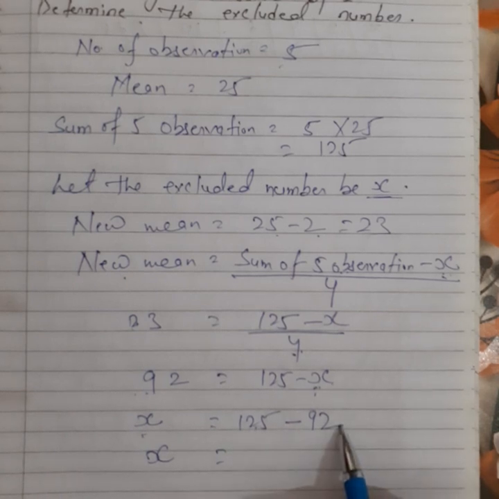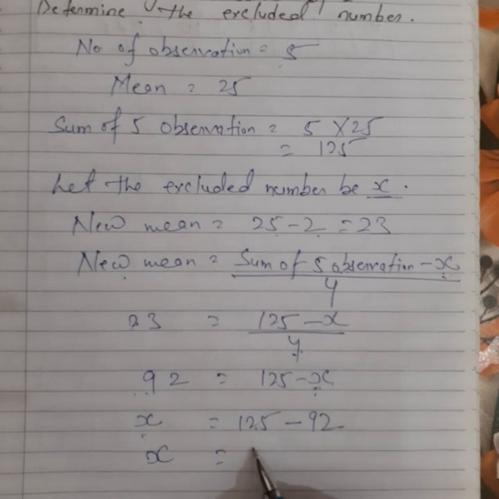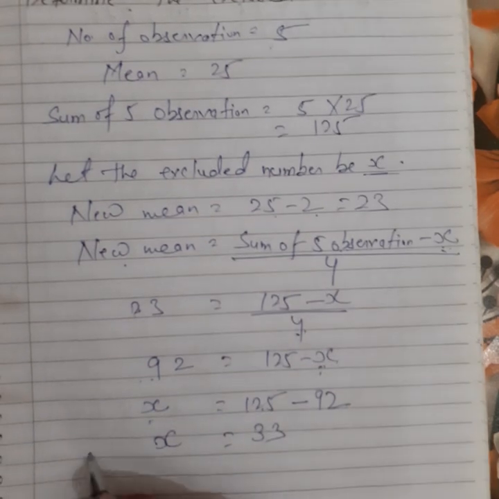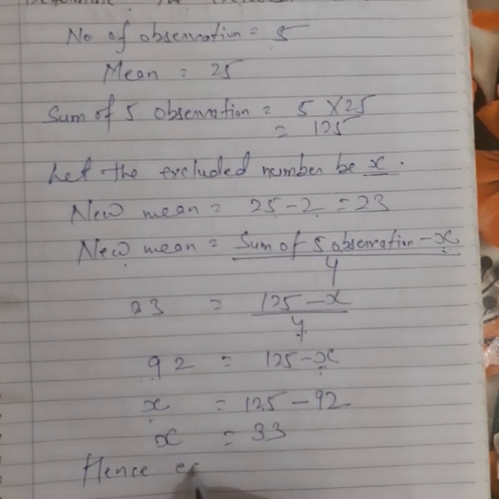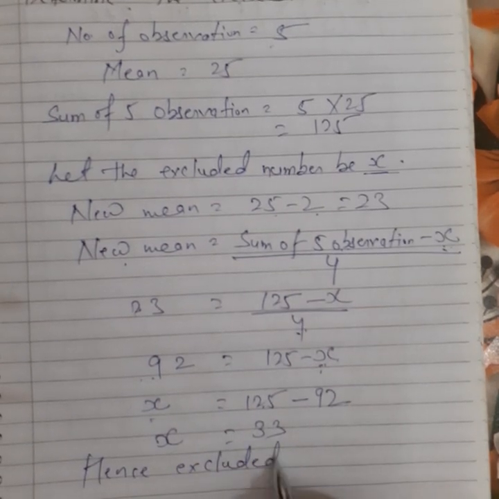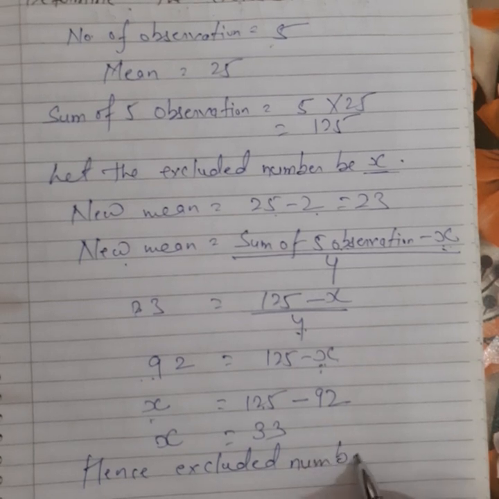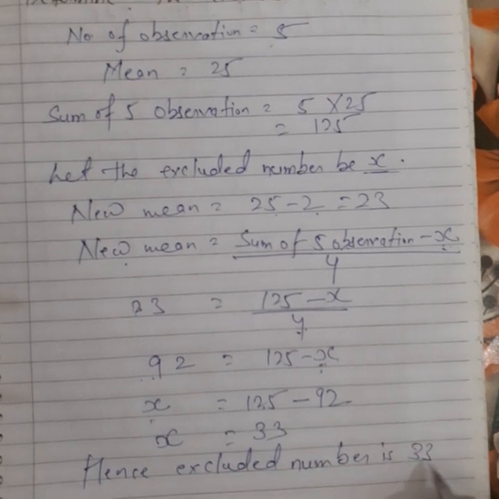What do we get? We get 33. Hence, the excluded number is 33.